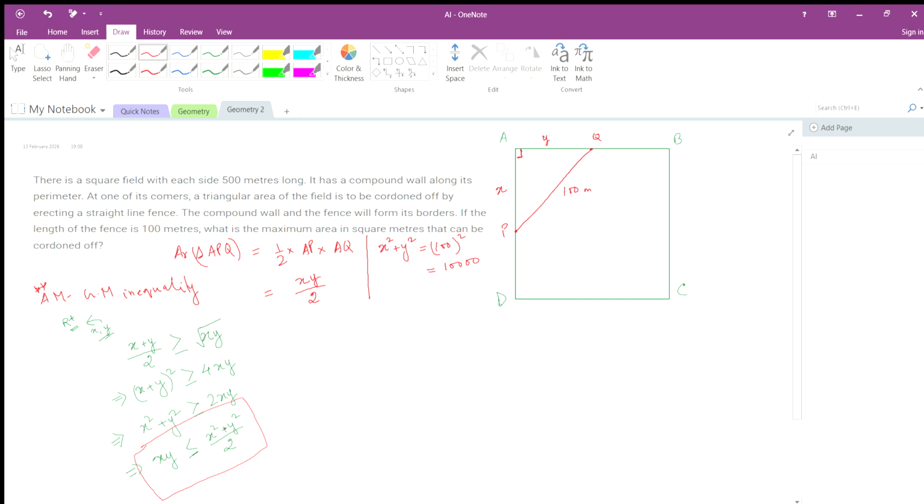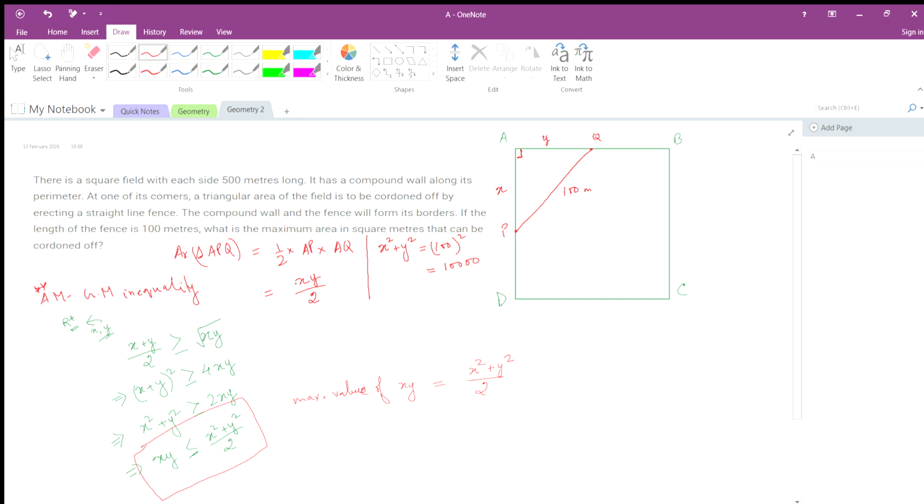That means the maximum value of xy will be equal to x square plus y square by 2. It can be less also, but at max it can be only x square plus y square by 2. And why am I taking the maximum value? Because I have to maximize the area.